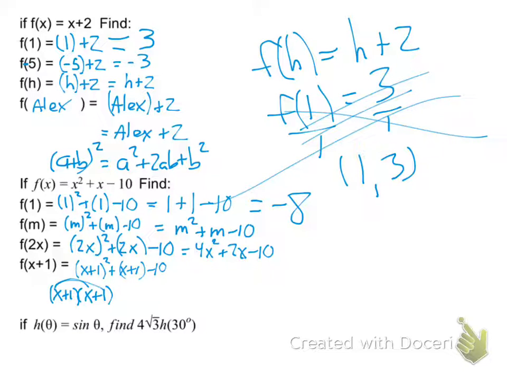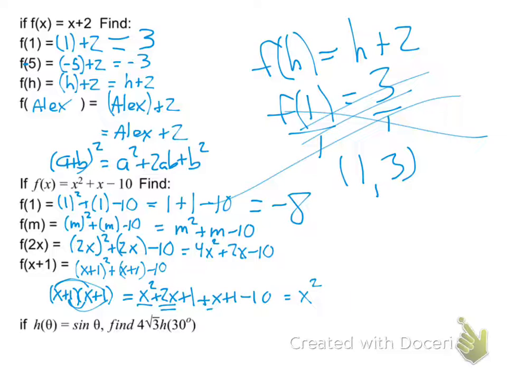x times x, x times 1, 1 times x, and 1 times 1 gives us x squared plus 2x plus 1, plus x plus 1 minus 10. Right? That's what it equals. I'm going to put an equal sign there. Gathering like terms, I only have one x squared term, yes? So x squared.